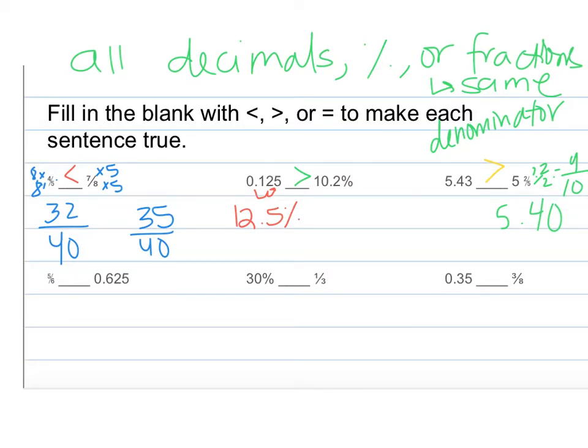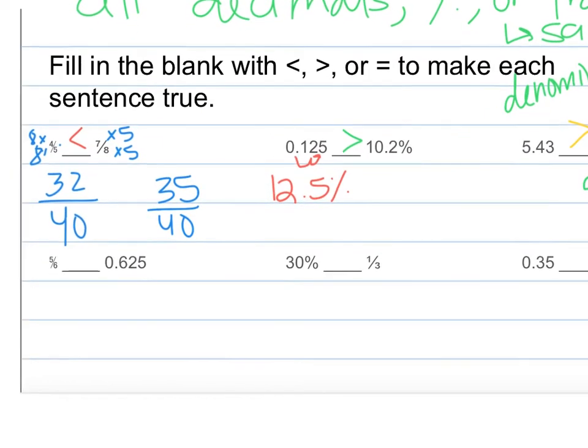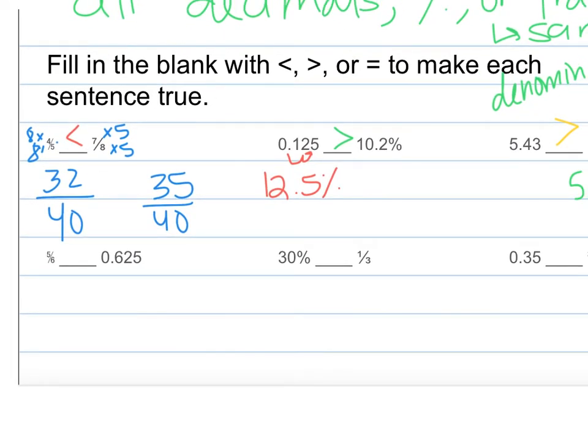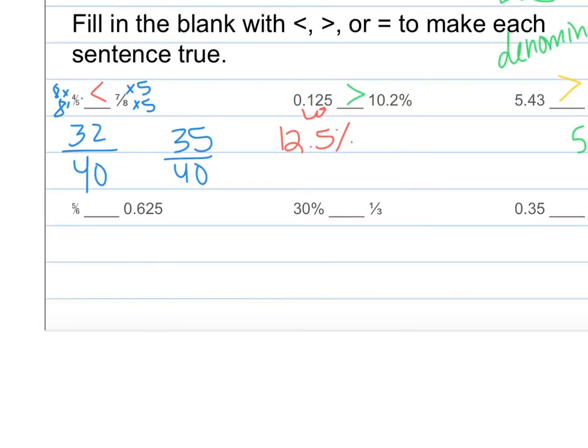Okay. Next one here, I'm going to zoom in just a little bit. 5/6 compared to 625 thousandths. For this one, we've got to turn 5/6 into a decimal, and in order to do that, I'm going to need to do some division quick here. 5 goes on the inside, 6 goes into 58 times, which would be 48.